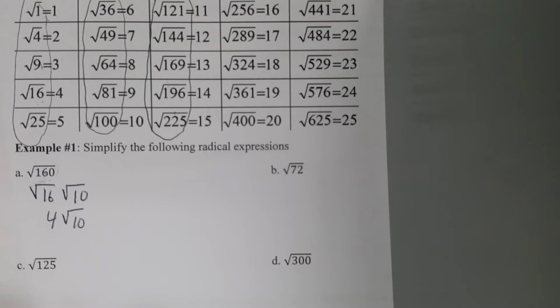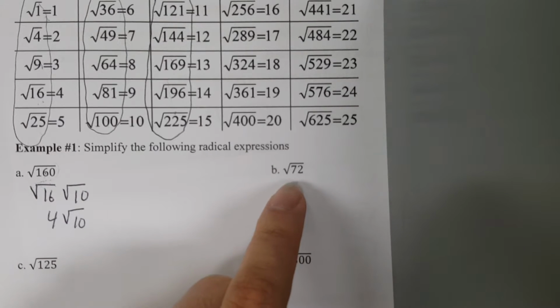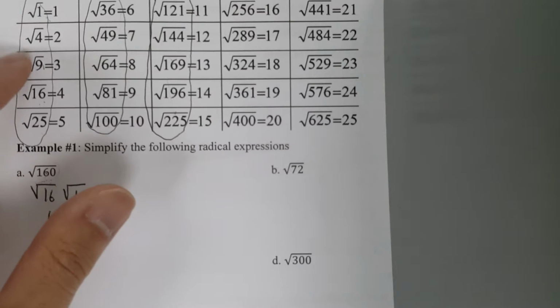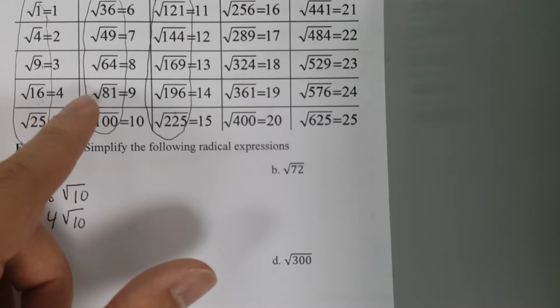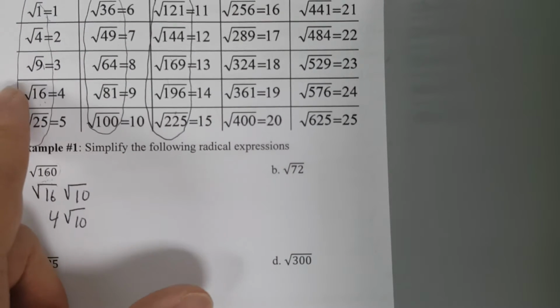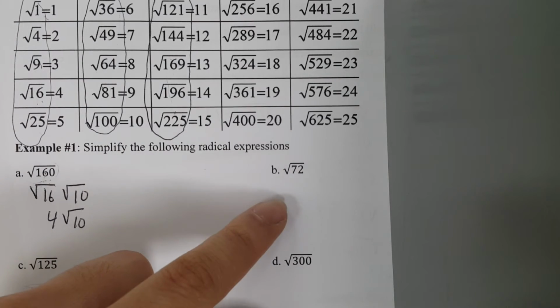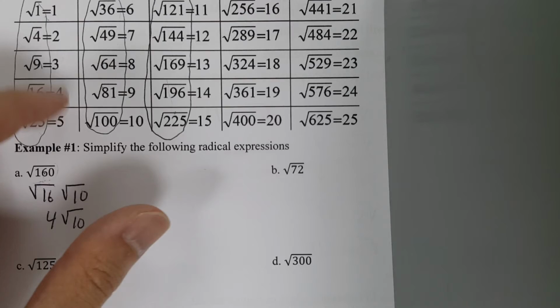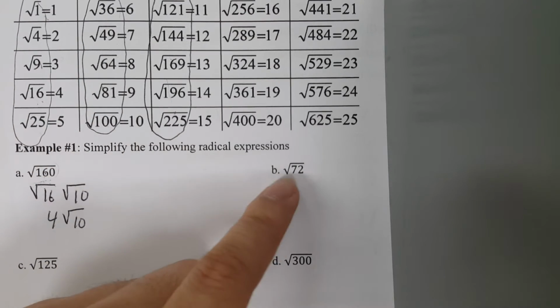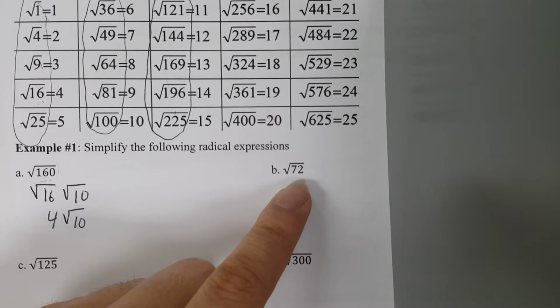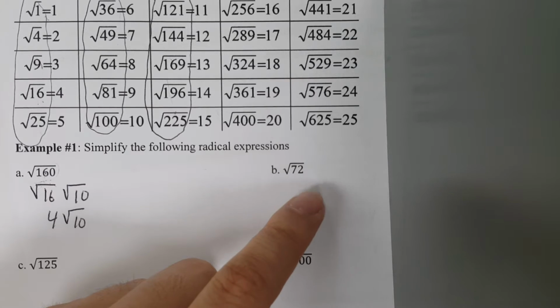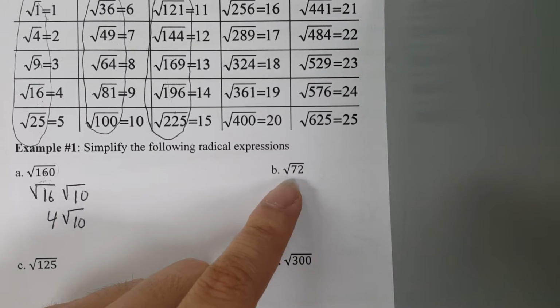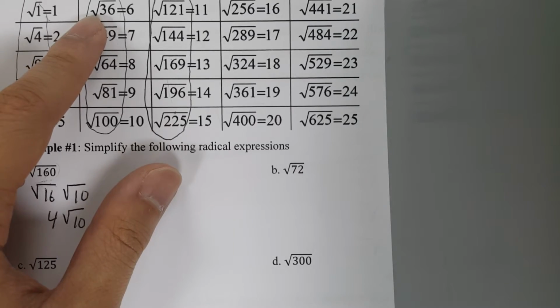Okay. Now look at letter B. B is radical 72. Now I have to look at the biggest number that can go into 72. Now I know 9 can go into 72 because 9 times 8 is 72. But you should always see, is there something bigger? Well, ask yourself, what is 72 divided by 2? 72 divided by 2 is 36, and that's one of the numbers.